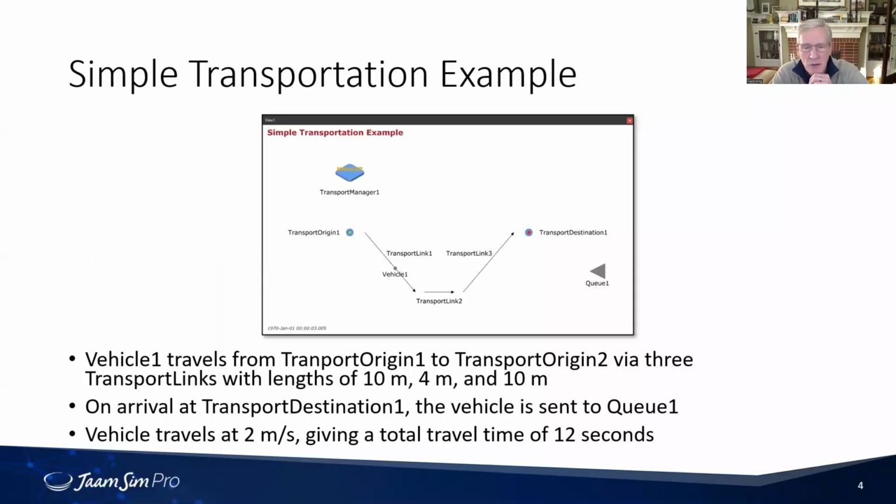In this model, we have a single vehicle, vehicle one, and it travels from transport origin one to transport destination one over three links. And when it gets to the destination, it's sent to the queue. So it's very simple. The vehicle has no length. It accelerates and decelerates instantaneously, and in this little example it's traveling at 2 meters per second, which gives it a total travel time of 12 seconds.